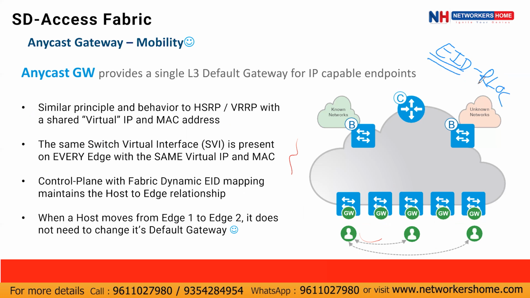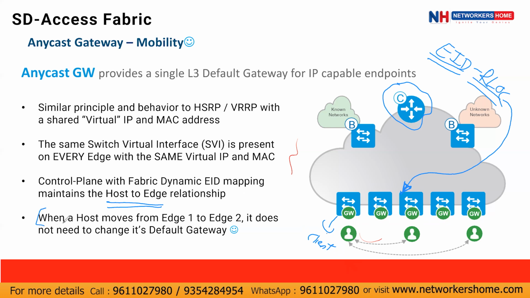EID is the endpoint ID. RLOC is nothing but the routing locator, which is the IP address of this edge node. So we have to just remember that this control plane maintains the host to edge relationship and the edge to client relationship. So it has everything in its table, the mapping.